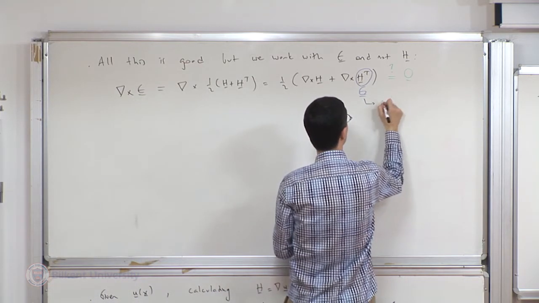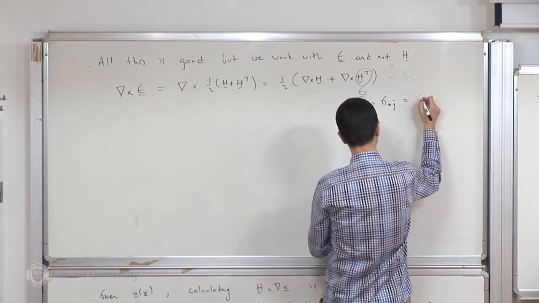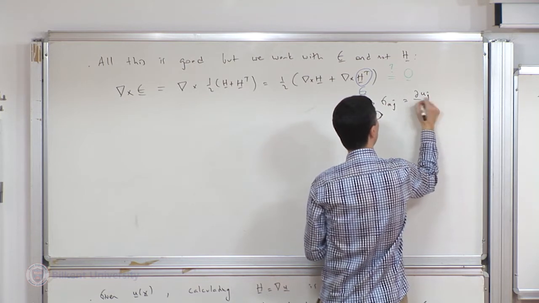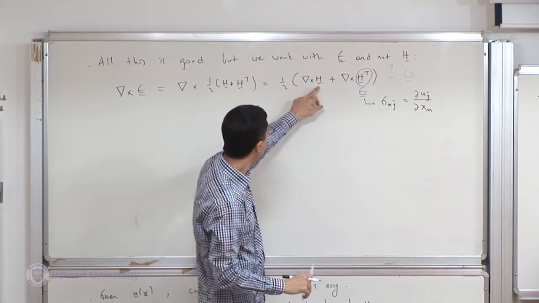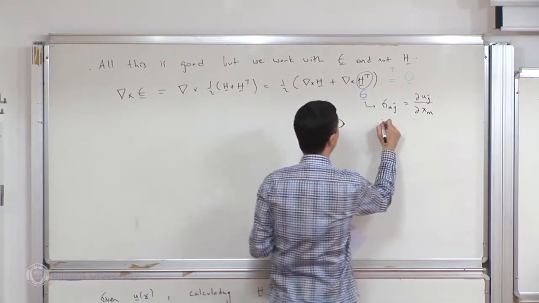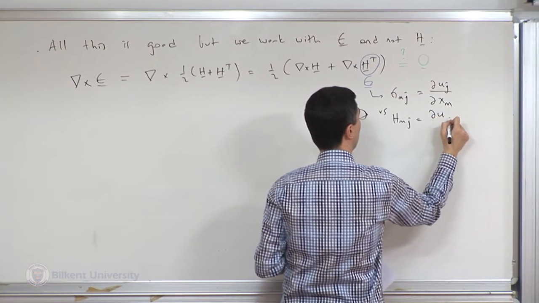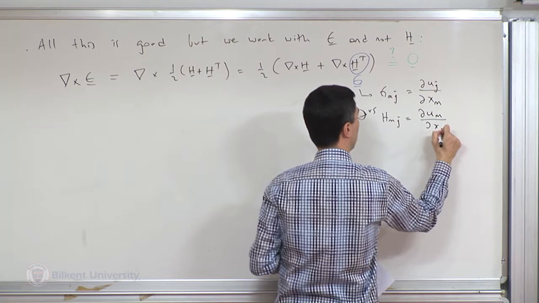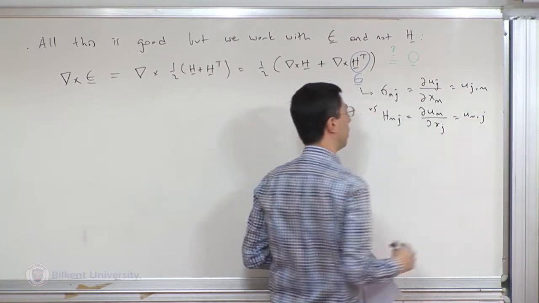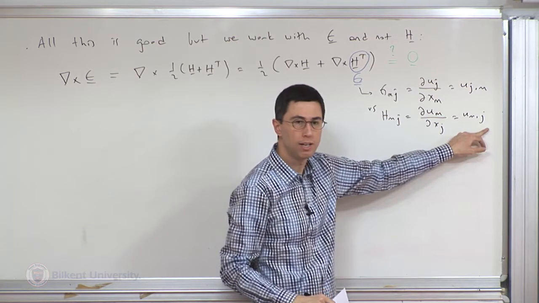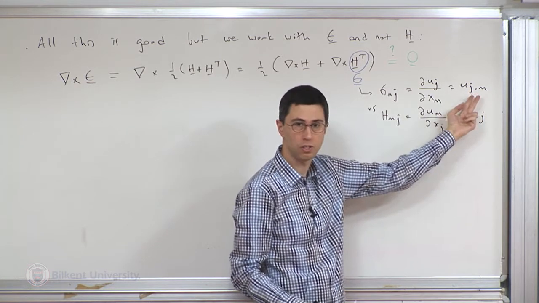G, by the way, has components G_mj, let's say, equal to ∂u_j/∂x_m. Because H_mj would have u_m,j, and G is its transpose, and to get the transpose, you just switch the two indices, and that's what I've done.